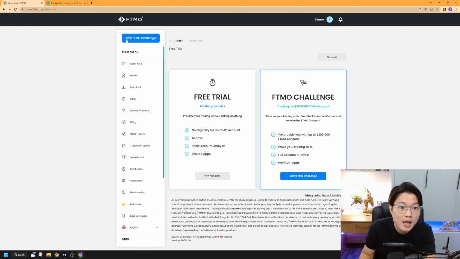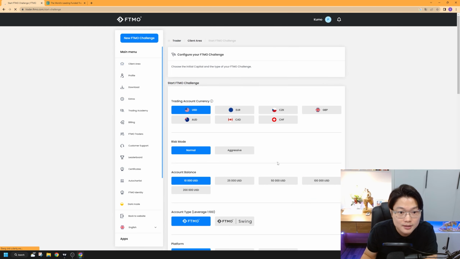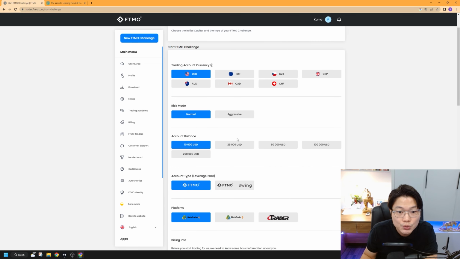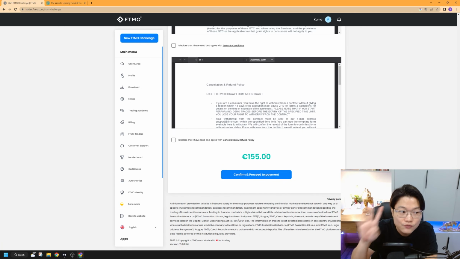For example, right here, after you take an account from FTMO by email very easily, you can have two types of account right here. The first one is a free trial, and the second one is a challenge account. Here's a live account. You have to pay the fees. For example, right here, I click on it, and you can see you can choose many account balance packages, from $10,000 up to $200,000, and you have to pay the fee and take two phases. It's the same as My Forex Funds.